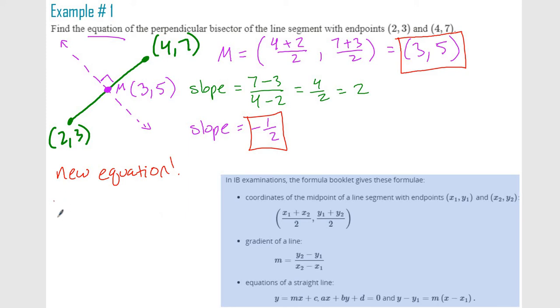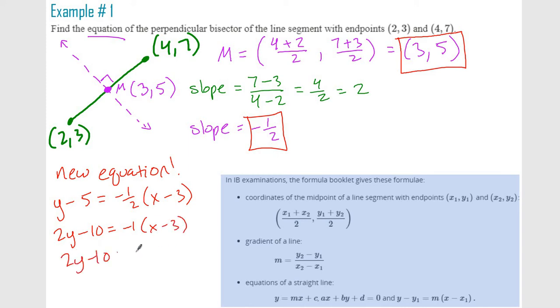So we get y minus 5 equals -1/2 times x minus 3. I'm going to multiply everything by 2, so I get 2y minus 10 equals -1 times x minus 3. I'm just putting it into standard form or slope-intercept form. Usually those are two of the most common ones.